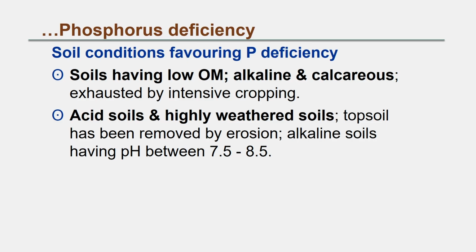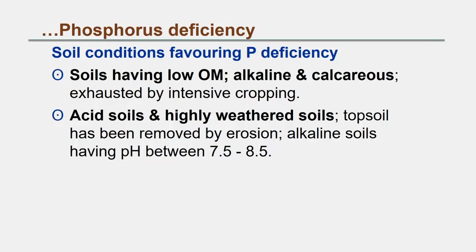What are the conditions where you get phosphorus deficiency? Naturally, some phosphorus in soils, most of the phosphorus, or say more than 50% phosphorus in general, is part of organic matter. Again, like nitrogen, if your soils are deficient in organic matter, the soils will also be deficient in phosphorus. Another is too low or too high pH.